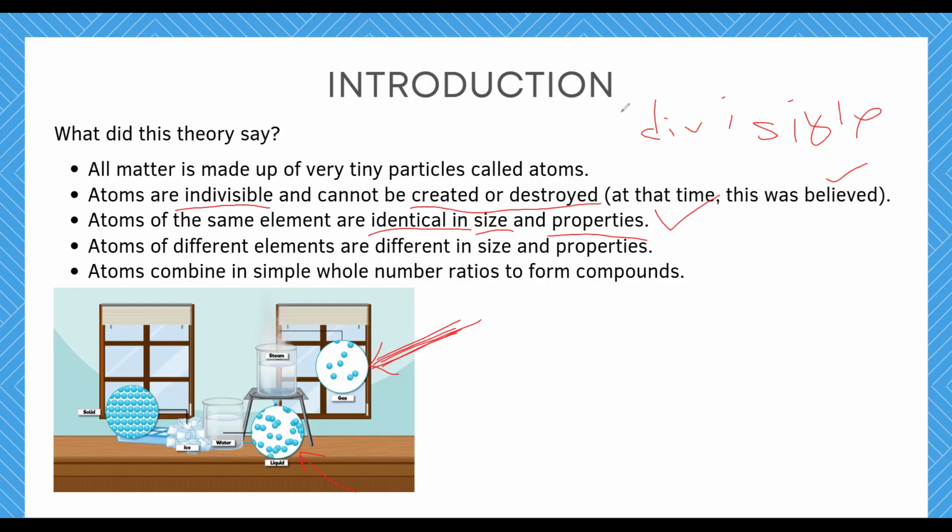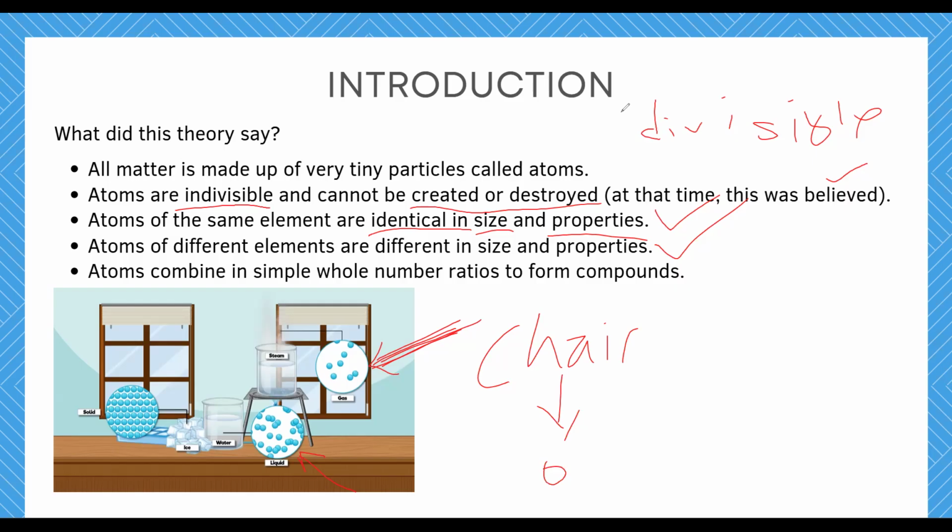And then the fourth one says, atoms of different elements are different in size and in properties. So for instance, give me one example of any form of matter you know, David. Chair. Chair, good. So let's say I have a chair.